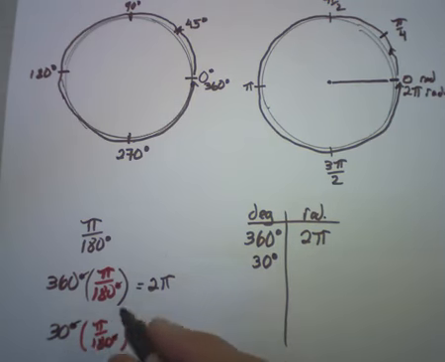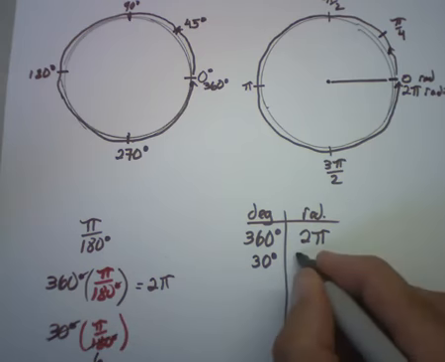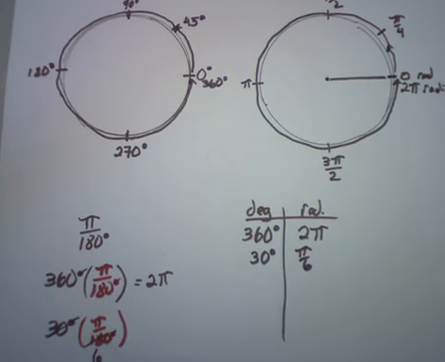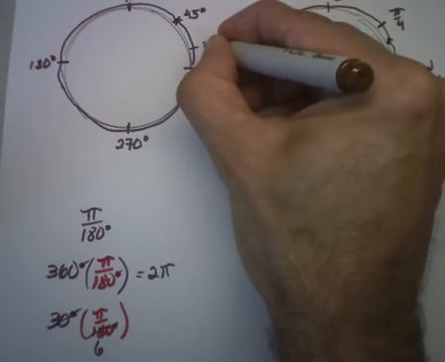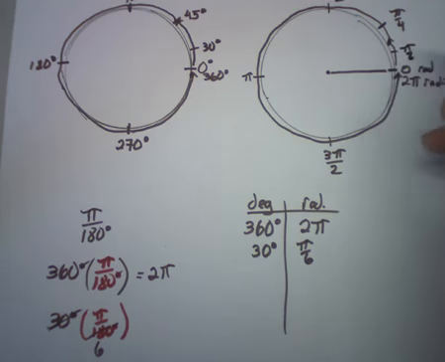The degrees cancel, and 30 divided by 180 reduces to 1 over 6. So 30 degrees is the same thing as pi over 6. And we could label those on our circles if we wanted to. 30 degrees is about there. Pi over 6, about there.